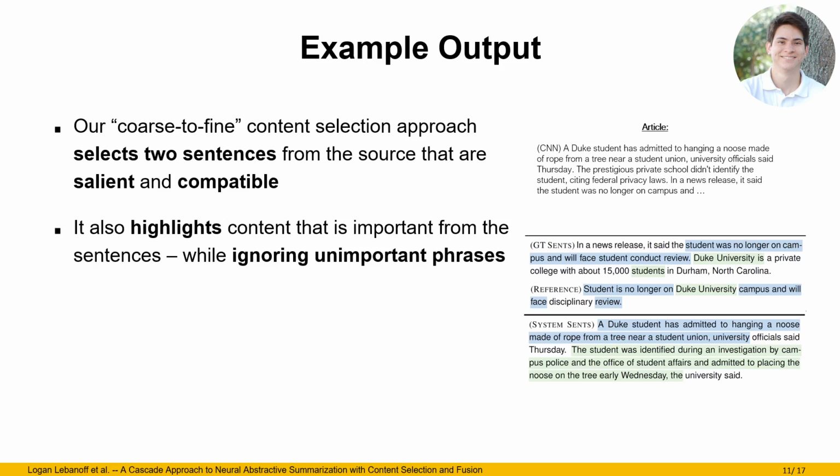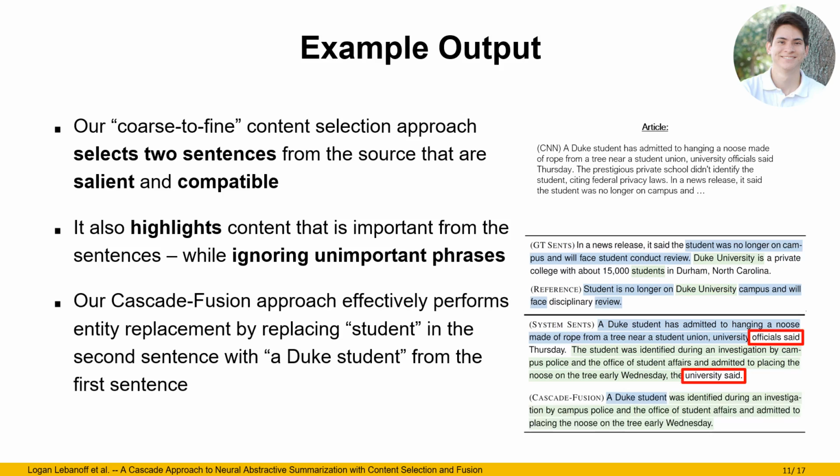Our content selection model also highlights content, as shown by the blue and green regions. And these regions are important, and they also ignore a few unimportant phrases. Finally, these are passed to the fusion model, which then generates a valid sentence fusion, a valid summary sentence, which looks like this.